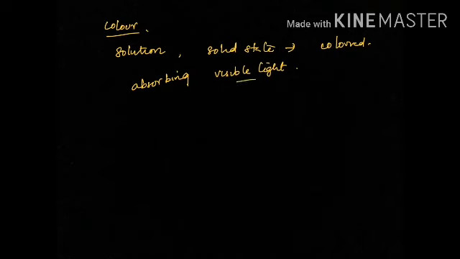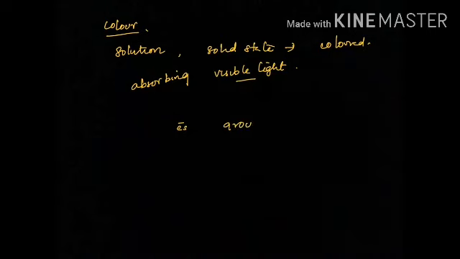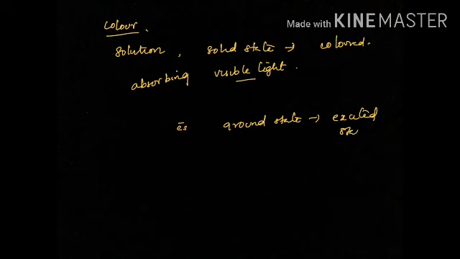So what will happen when they absorb light? We have studied that when a particular element absorbs light, the electrons will jump from the ground state to the excited state, right? So the transition will take place over here.